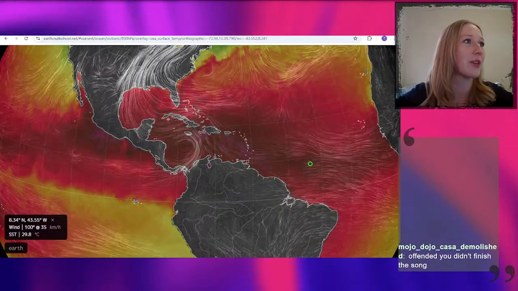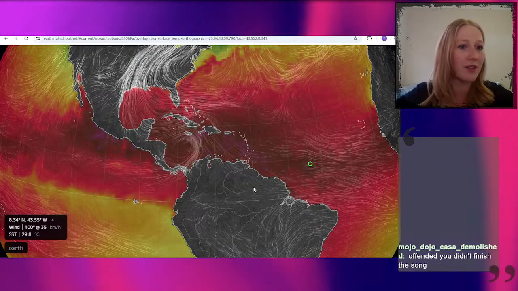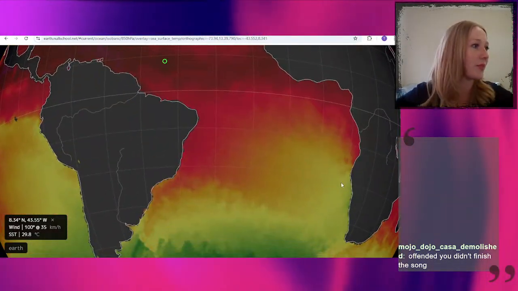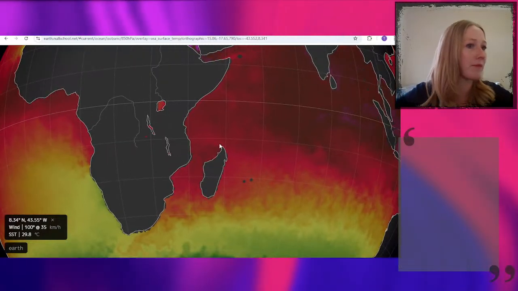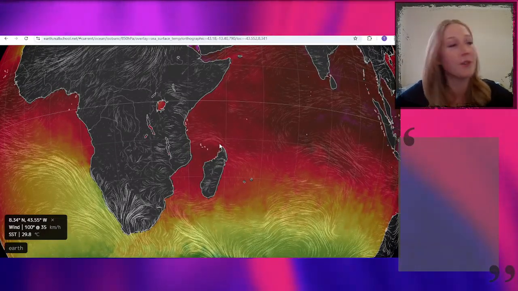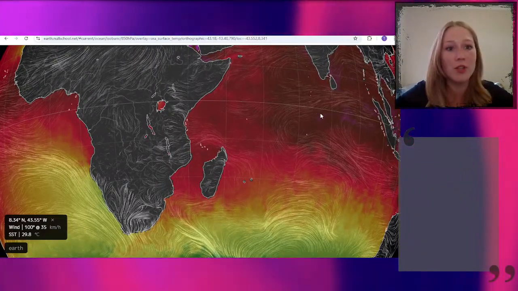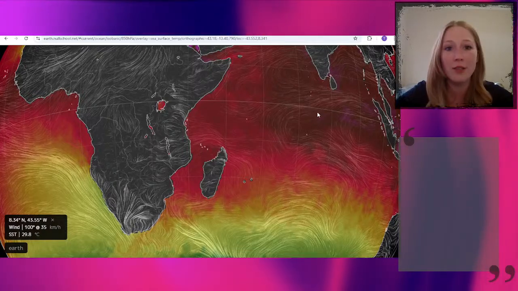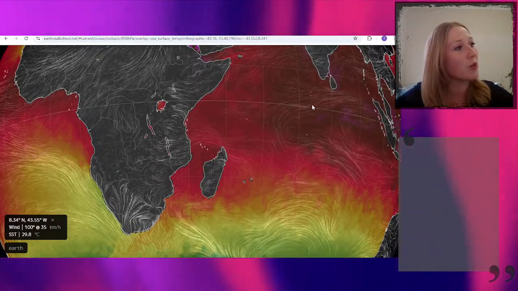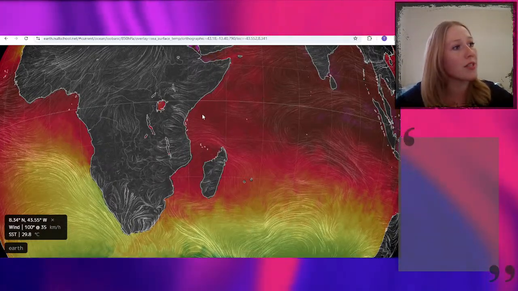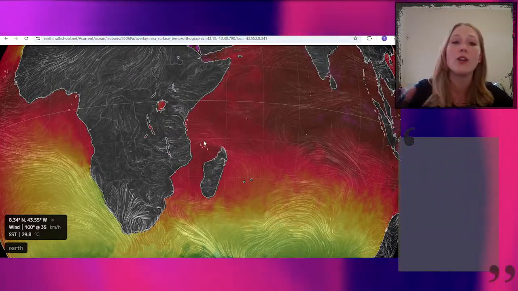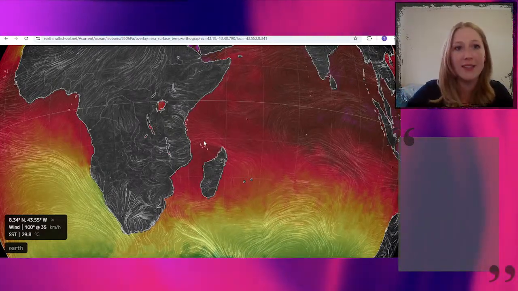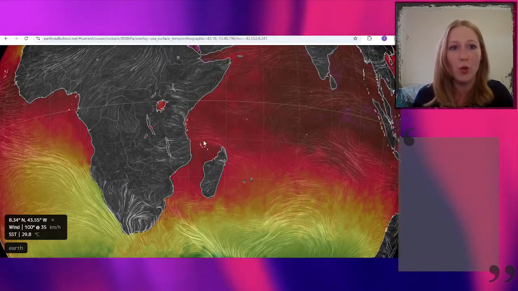So let's see if we can find the typical path. I don't think we'll be able to find the path, but it would usually form around here where it's very warm, and then it'll blow towards the coast like that, and then it will try to deflect away from the coastline. As soon as it hits land, it doesn't have that water source anymore.